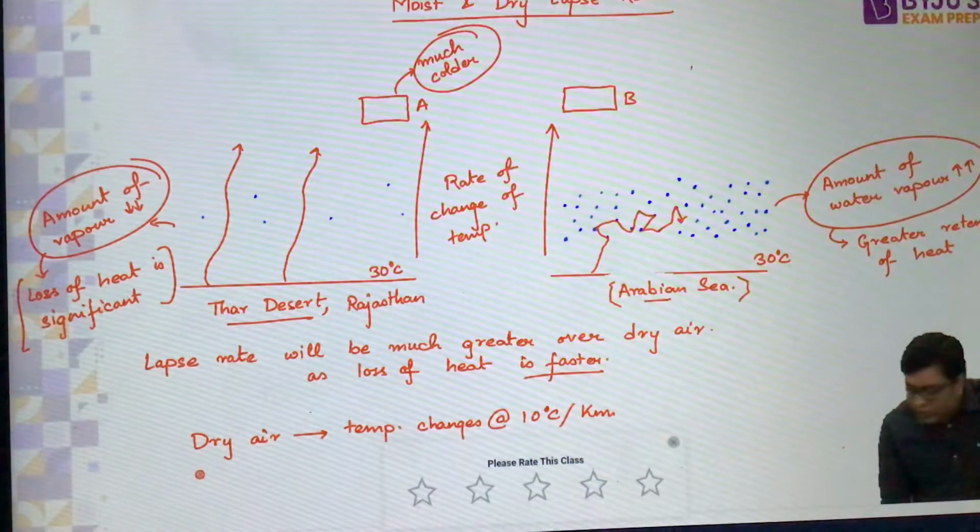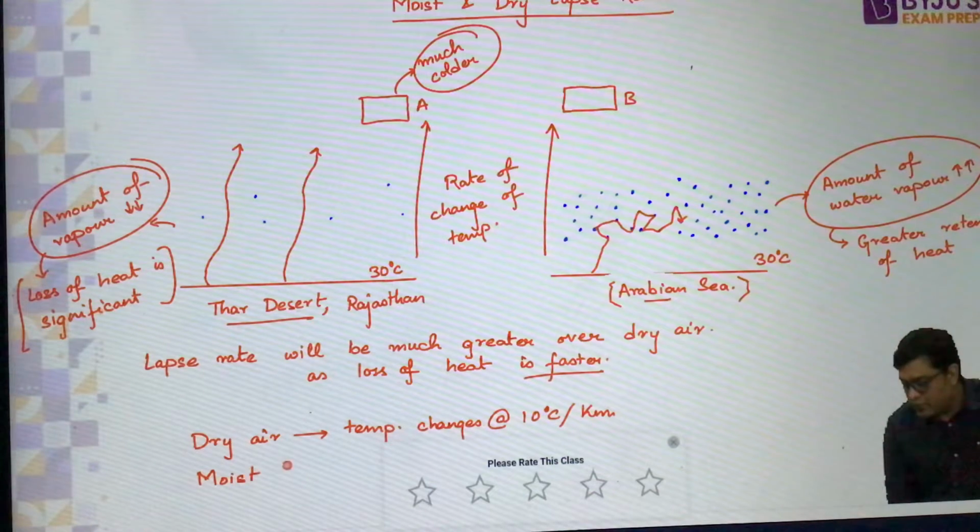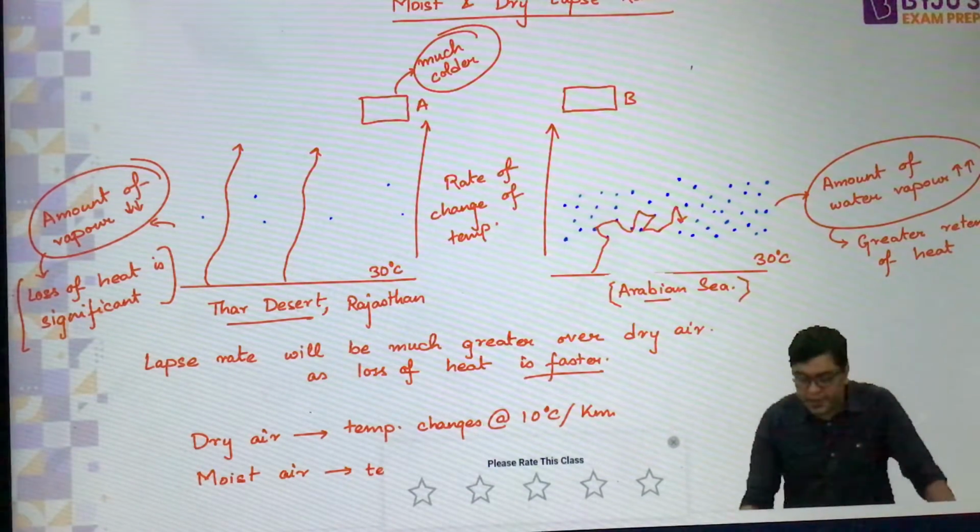Whereas when you consider moist air, here the temperature change is around how much? It is around 5 to 5.5 degrees Celsius per kilometer.